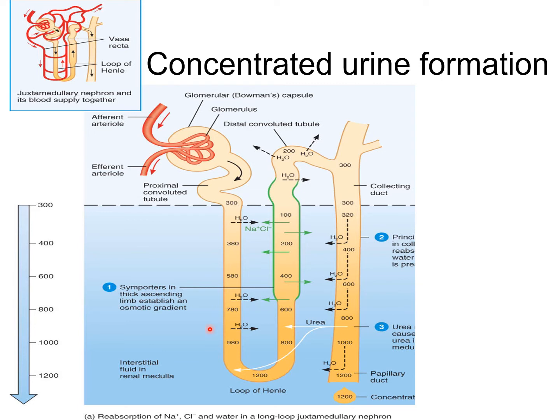At least temporarily, it accumulates here in the interstitial fluid. And this blue solution is salty. It would be salty to the taste if we could taste it. So this salt buildup here is the way the stage is set for forming concentrated urine.